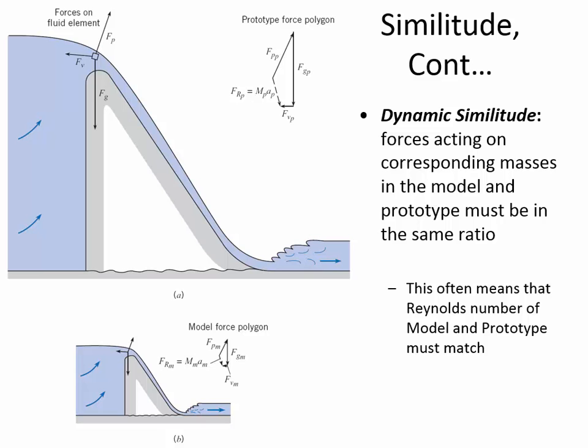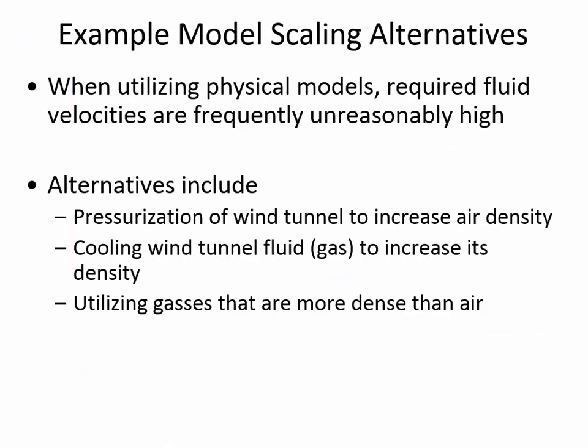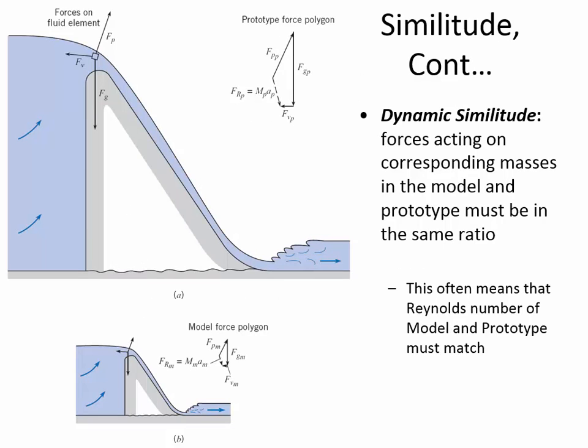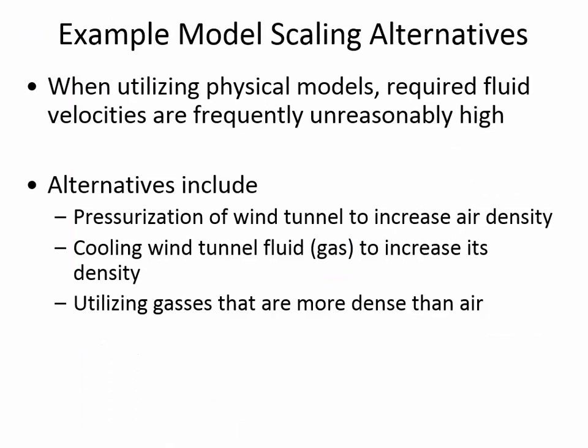And the way that you achieve it is by ensuring a correlation between the Reynolds number of the model and the prototype. Reynolds number, of course, is a dimensionless parameter that we've used in the past to indicate whether the flow is laminar or turbulent, and how far beyond the laminar range it is if it's in turbulent flow. We're going to do some calculations related to dynamic similitude here in just a minute.